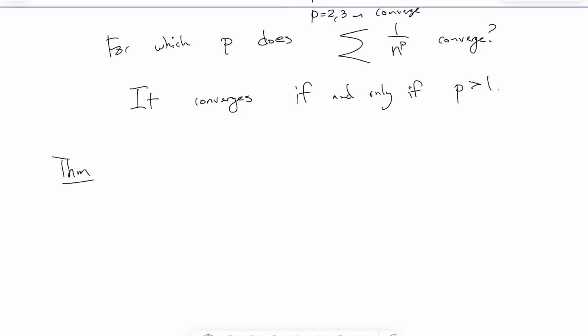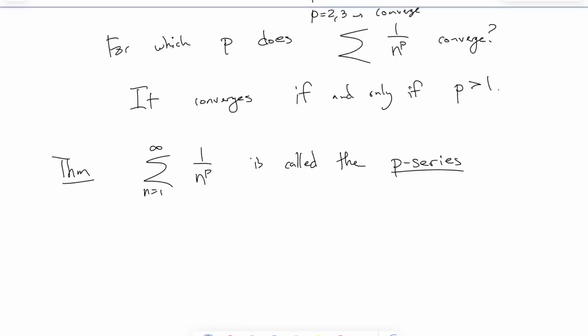The sum of 1 over n to the p, n equals 1 to infinity, is called the p series. In my opinion, this is a stupid name because p is just the name of that variable.